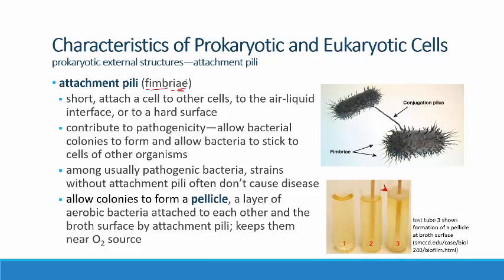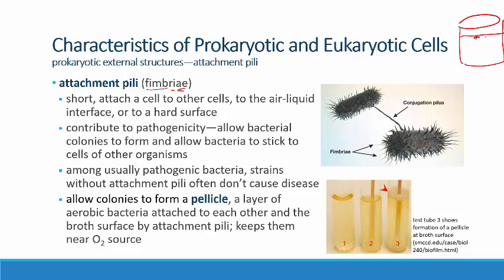These are short hollow tubules that extend from the cell wall, and they can be used to attach one bacterium to another bacterium, or, and this is crazy, because of the surface tension of water, they can attach to the very top layer of the water. And so they can attach there at that air-liquid interface between the water and the air. Or they can use it to attach to a hard surface as well.